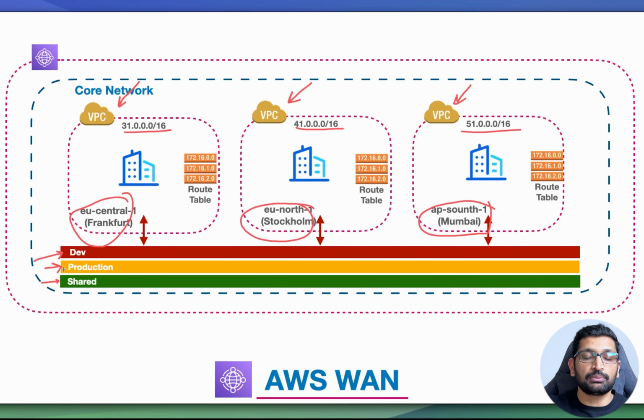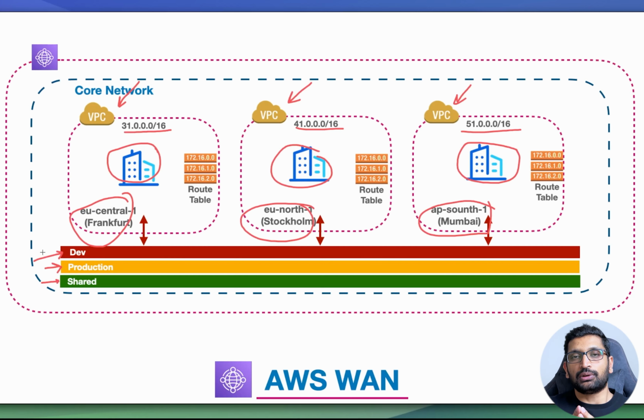In this network implementation, we assume that we have 3 locations where our offices are present: one in Frankfurt, one in Stockholm, and one in Mumbai. These 3 locations will also have the network segmentation I explained: development, production, and shared. Development, as the name signifies, is an environment where developers can develop and deploy their stuff.